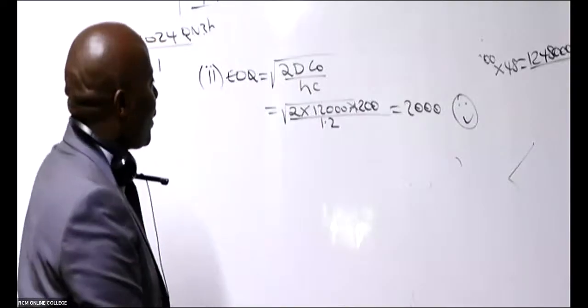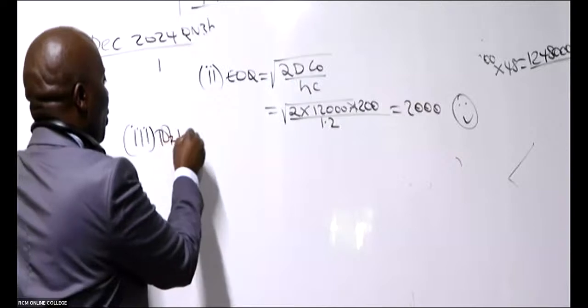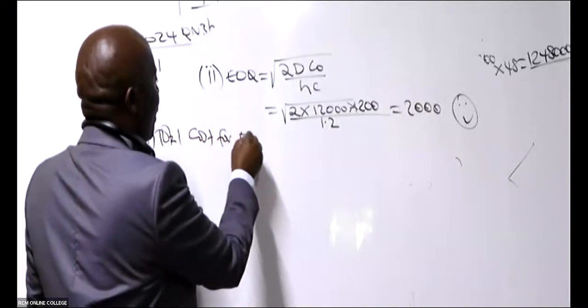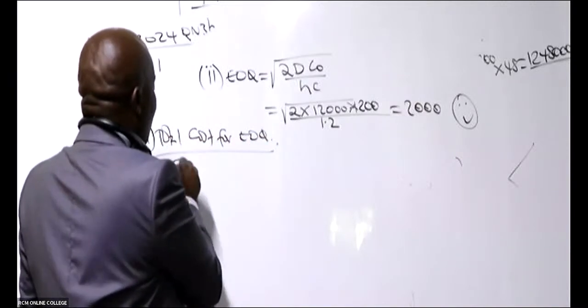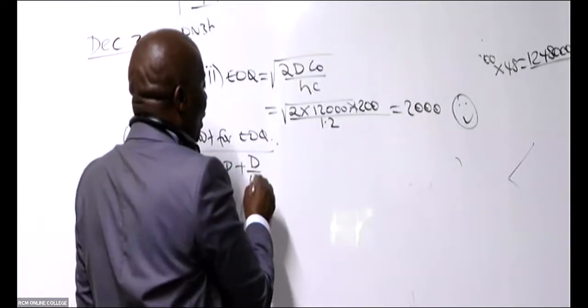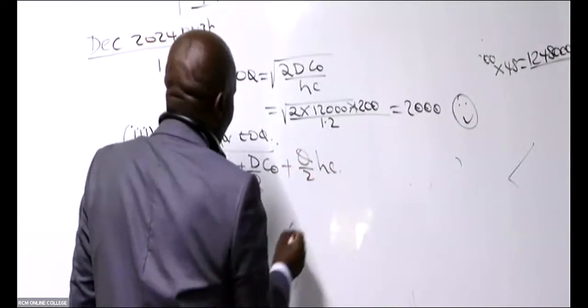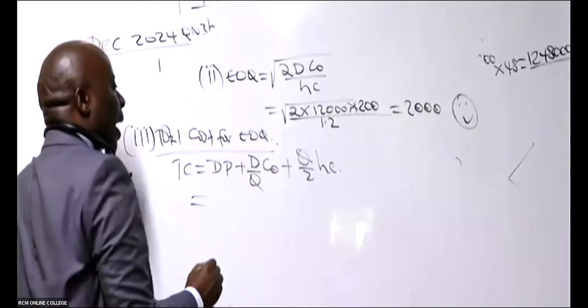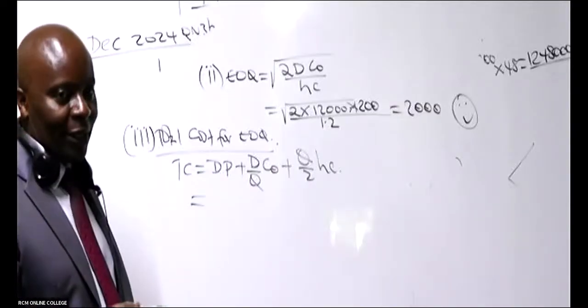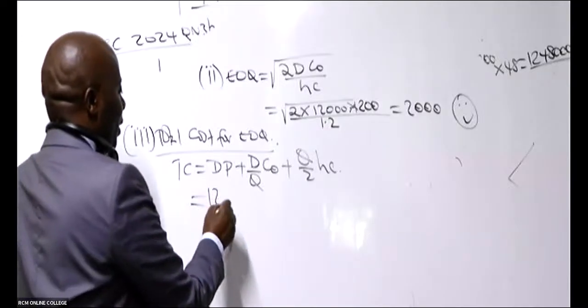So go ahead and give us the total cost for EOQ. This TC will be equal to DP plus D over Q Co plus Q over 2 Hc. The annual demand is 12,000.